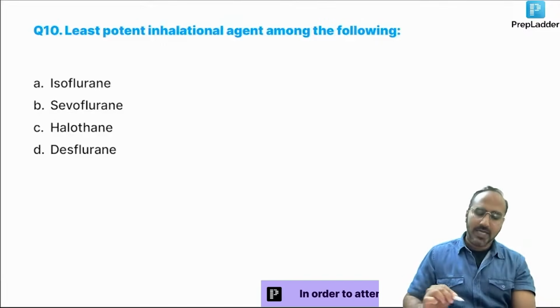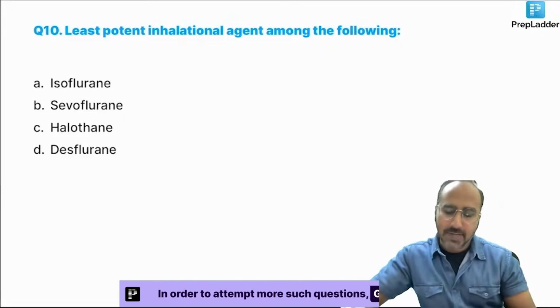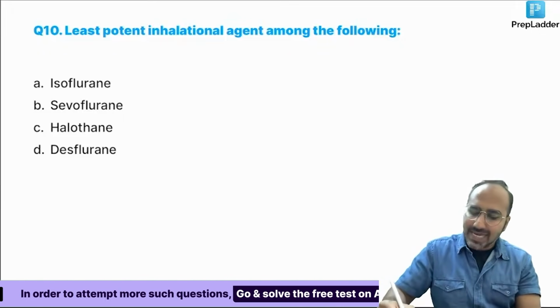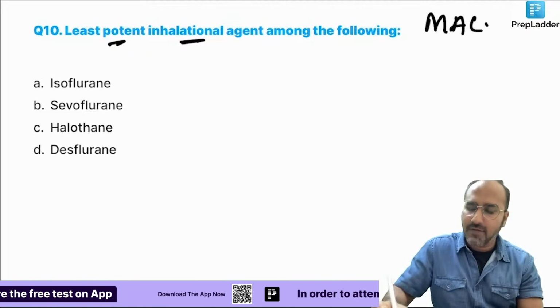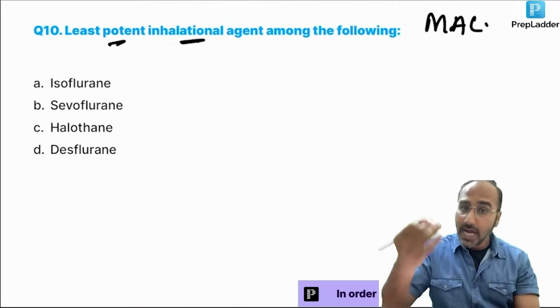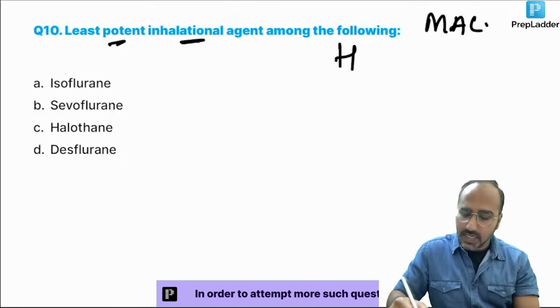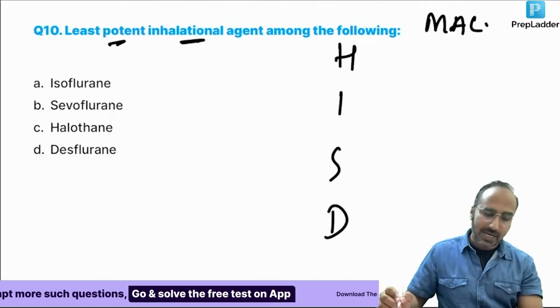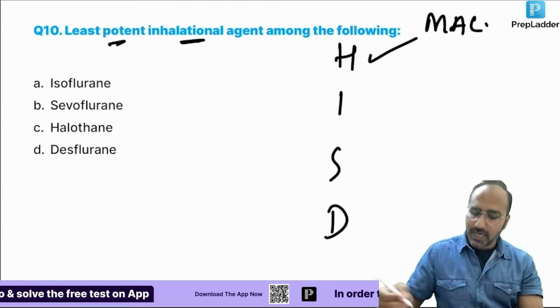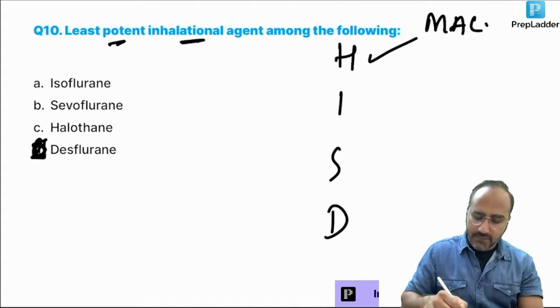Okay. Next, guys. Least potent inhalational agent among the following. Come on, guys. He is asking about potency, that is, he is asking you about MAC value. Okay. MAC, highest to least MAC, mnemonic is HISD. Come on, guys. Be fast. HISD, which is the least potent in HISD? The most potent is halothane. Least potent is desflurane.